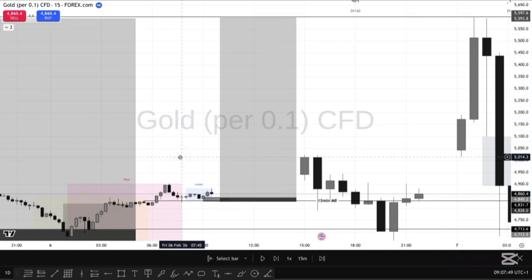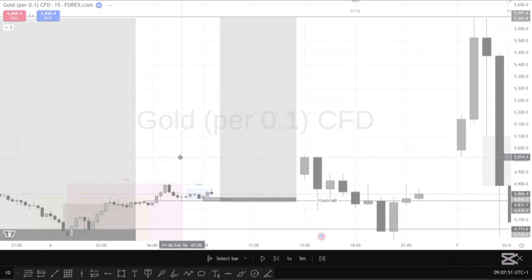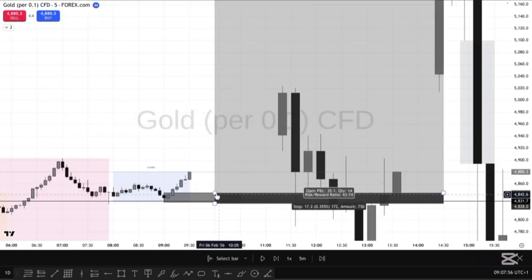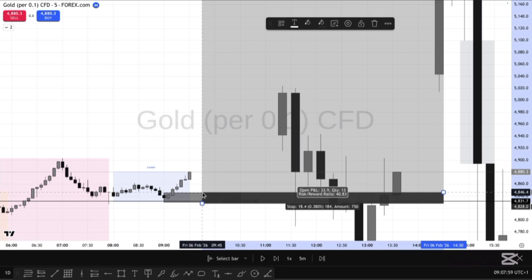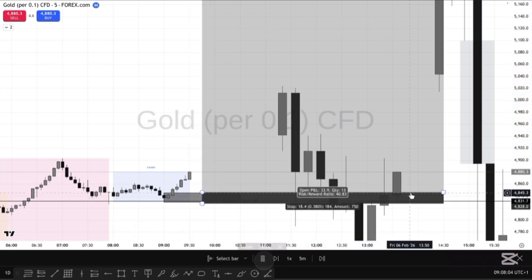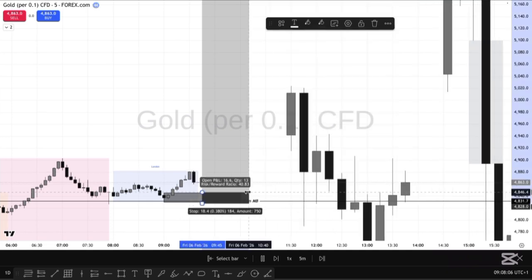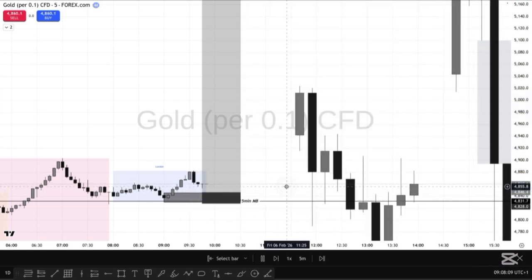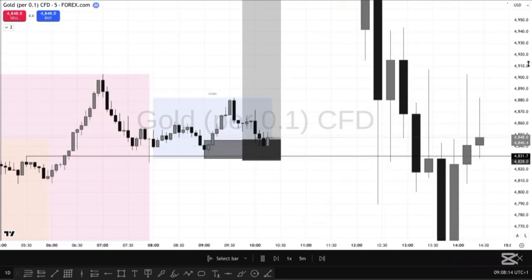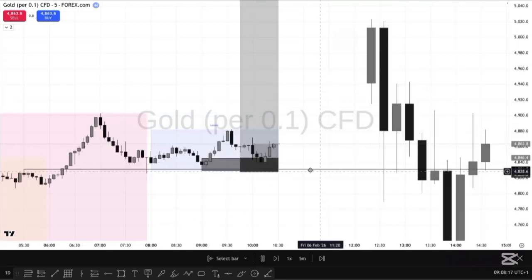Pretty neat, right? So coming down to the 5-minute time frame to observe, price came back down to dig into this. You see, price dug into it and kept buying back up.